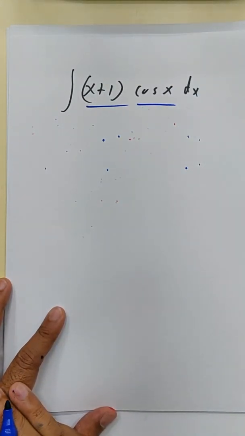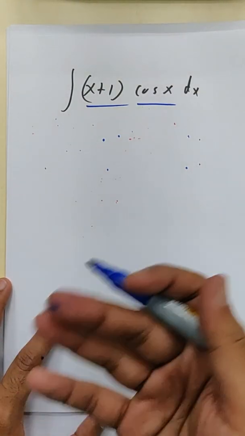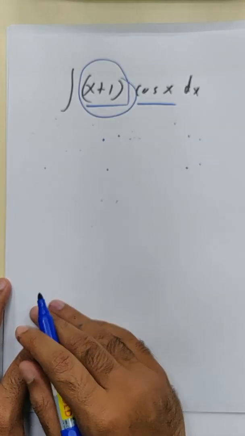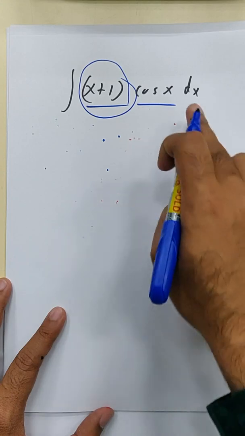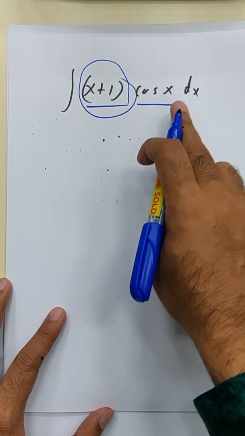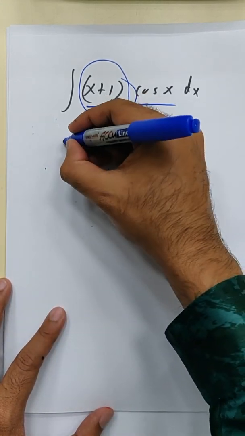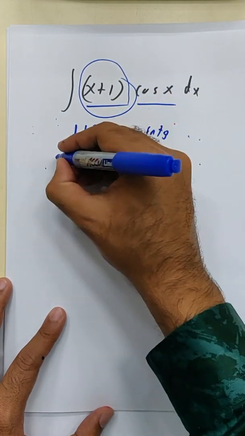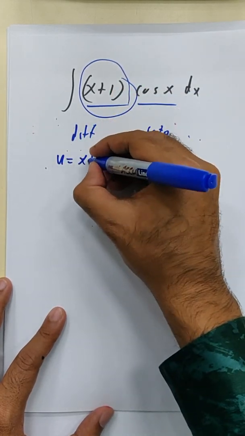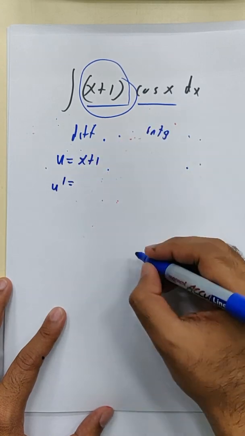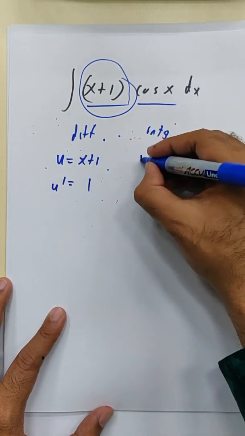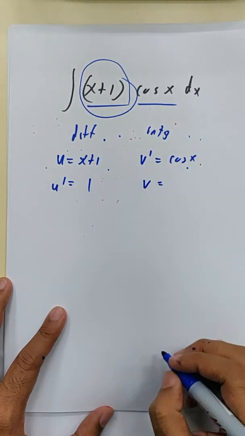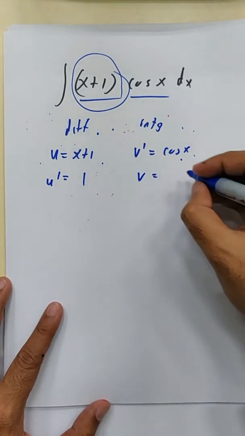Which one to differentiate? x plus 1 makes your life simpler. Differentiate cos x, you still got sin x, nothing simpler about that. So we differentiate x plus 1, we integrate cos x. So u equals x plus 1, u prime equals 1, v prime equals cos x, v equals sin x. Very good.